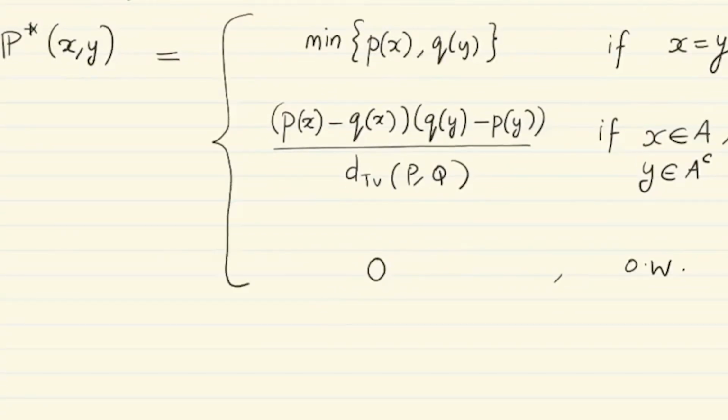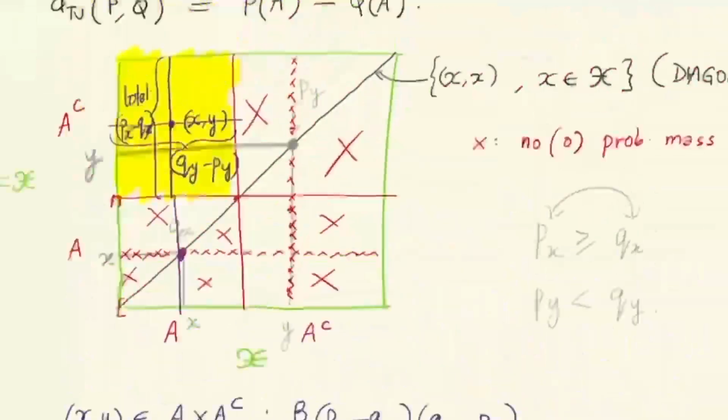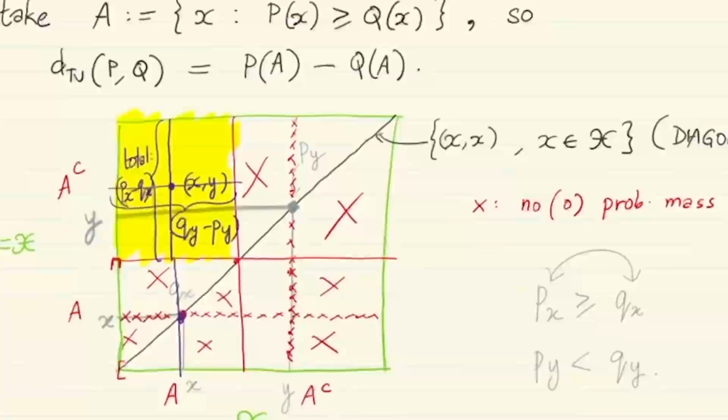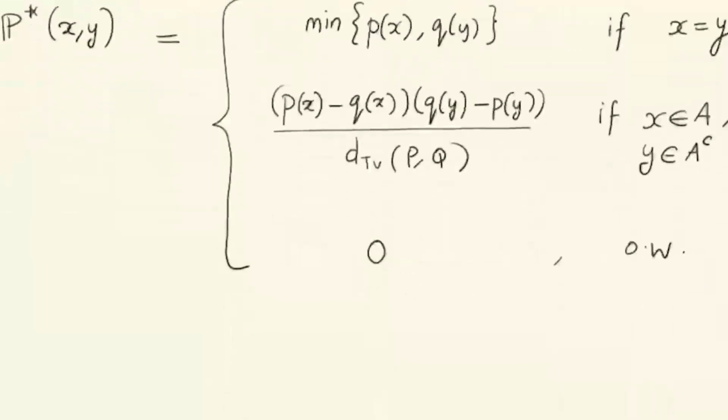So this essentially defines a complete probability distribution where no probability mass is wasted over the entire 2D domain, which is the Cartesian product of X and X, as we just argued intuitively.